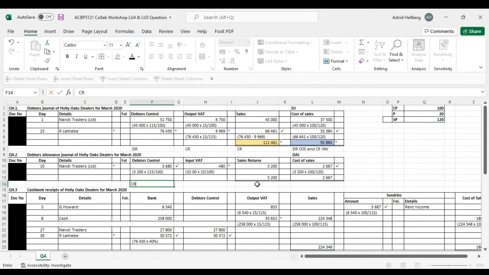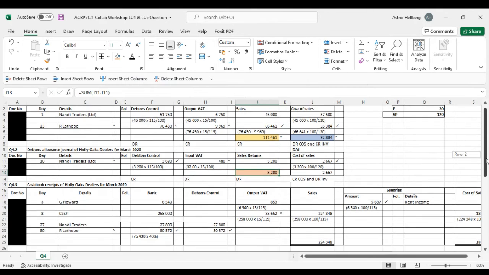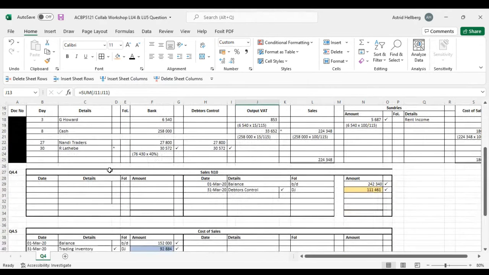So here we would credit debtors control, we would debit input VAT, we would debit sales returns, and we would credit cost of sales and debit inventory. Okay, so these sales returns amounts will also be included in our sales account at the end of the day. So when we do the close out, we will include it in here.